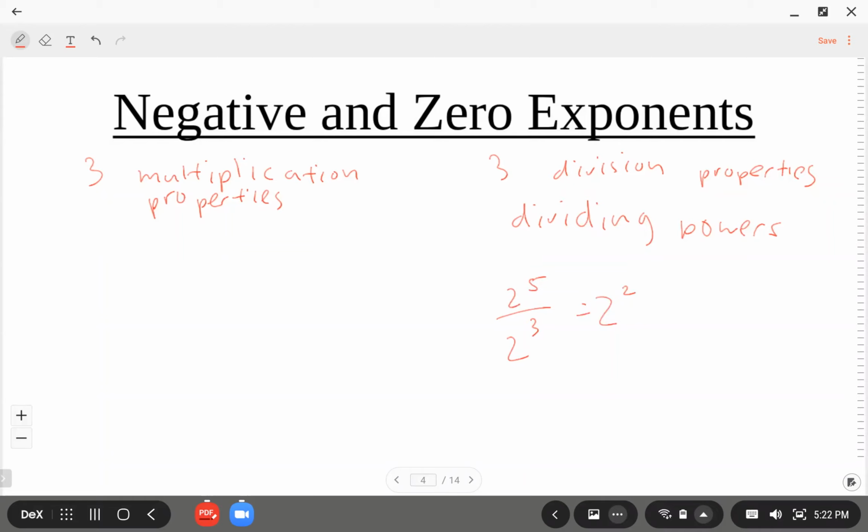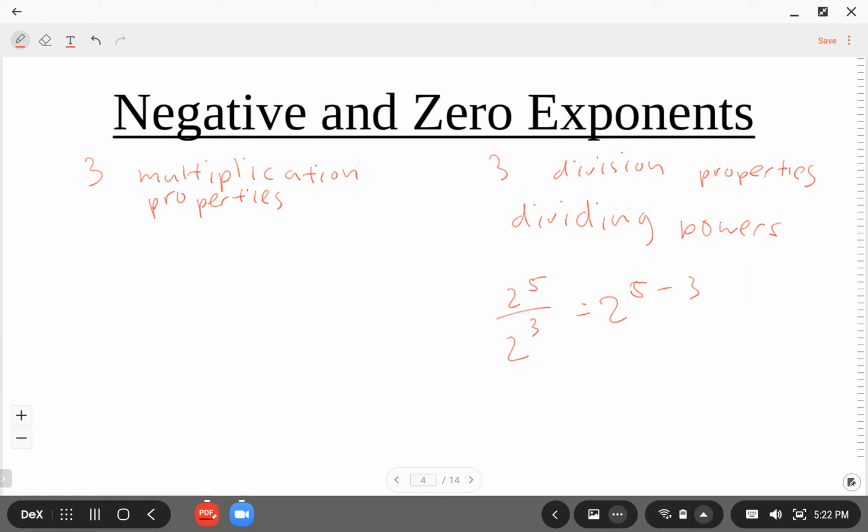It's basically 2 to the 5 minus 3 power. You subtract the exponents when you're dividing, of the same base. You have to subtract the exponents.